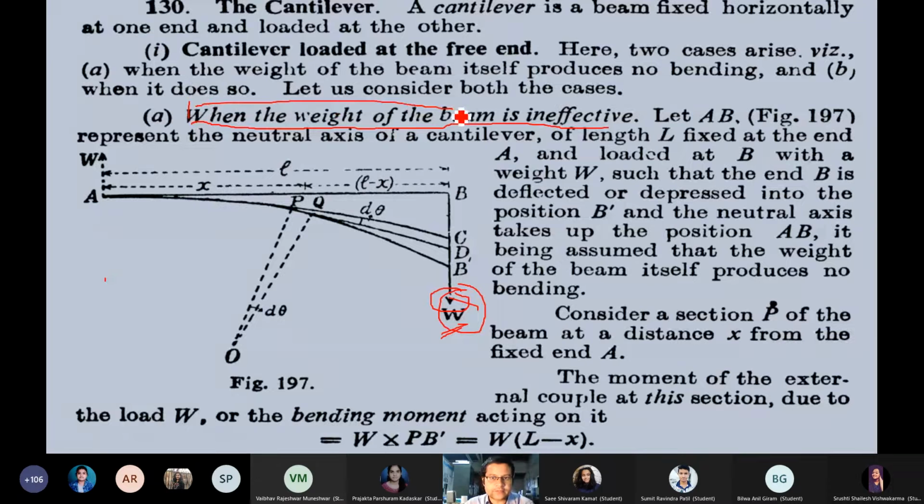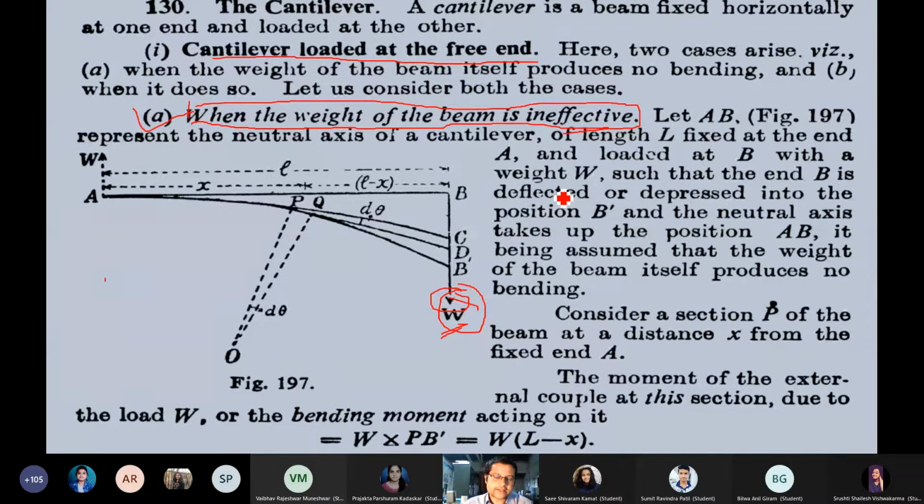When the weight of the beam is ineffective, meaning we are not considering it, whatever weight we apply at one end is responsible for the bending of this beam. So this is the cantilever loaded at the free end, and here we find the bending moment when the weight W is put at one of its ends.